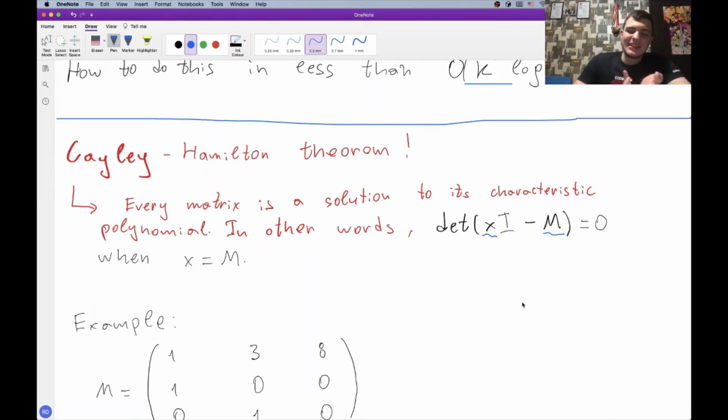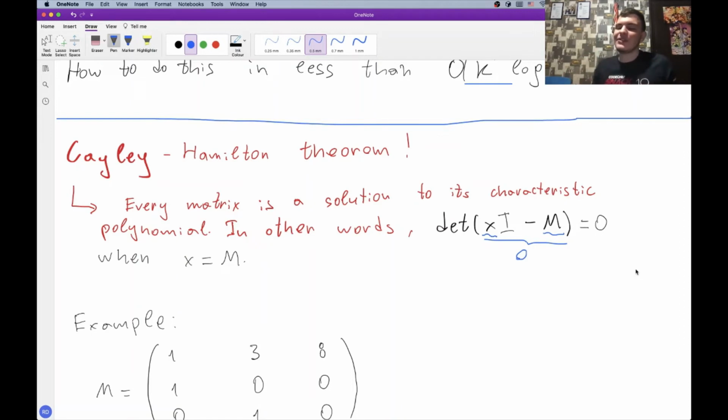In a way, it's easy to see because you just multiply m by the identity and subtract m. So obviously inside you'll have just 0, and the determinant of 0 is 0. But this is just an intuition.